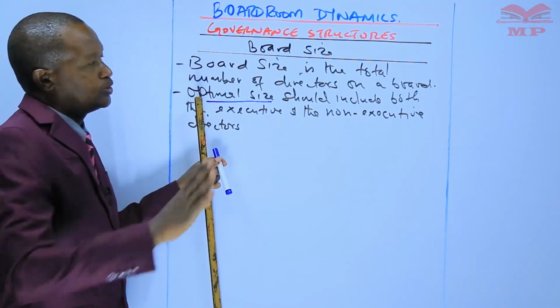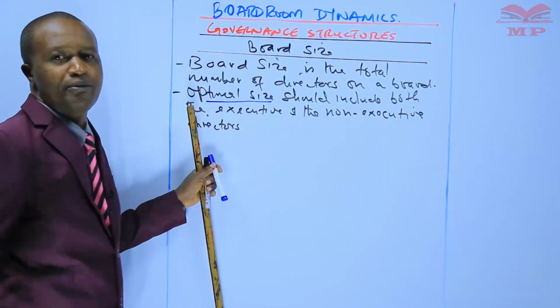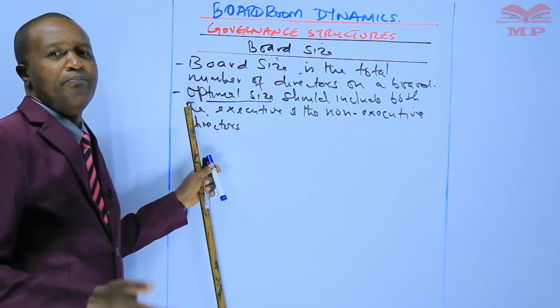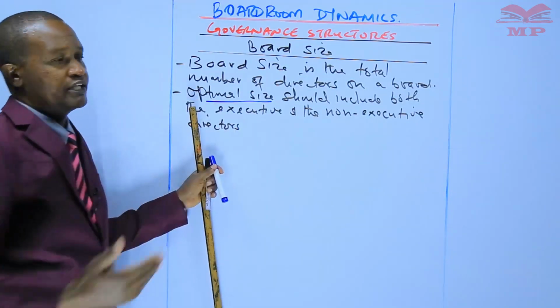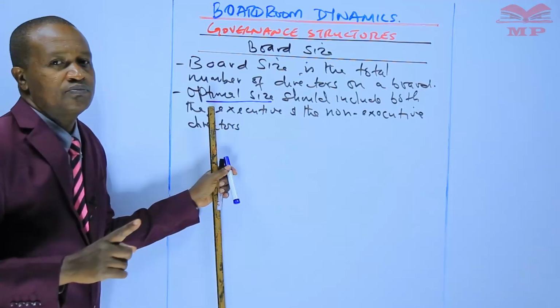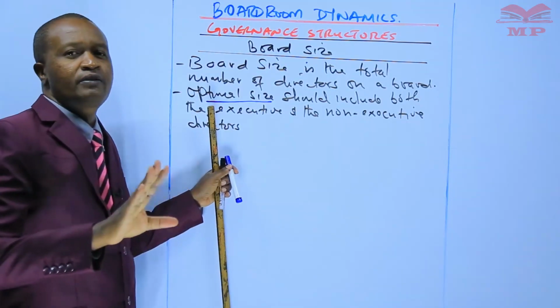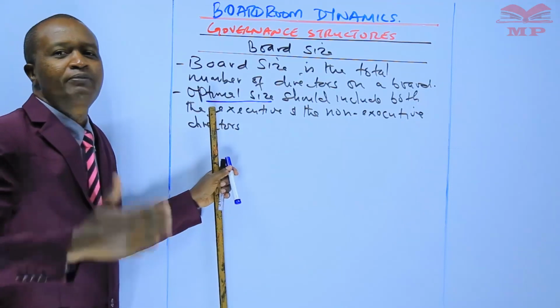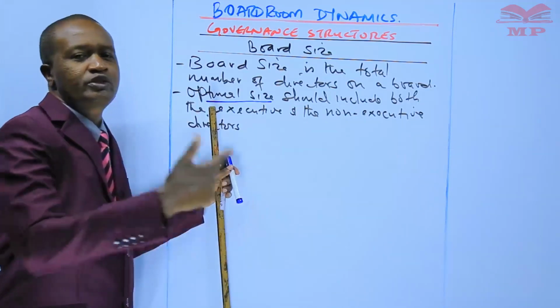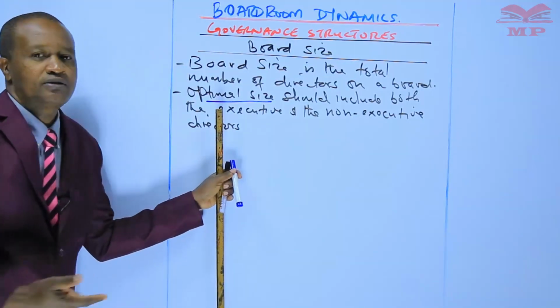Company constitutions will at least provide a minimum number and a maximum number of directors who should sit on a board. The constitution can also give the minimum number of directors to constitute a quorum at board meetings.